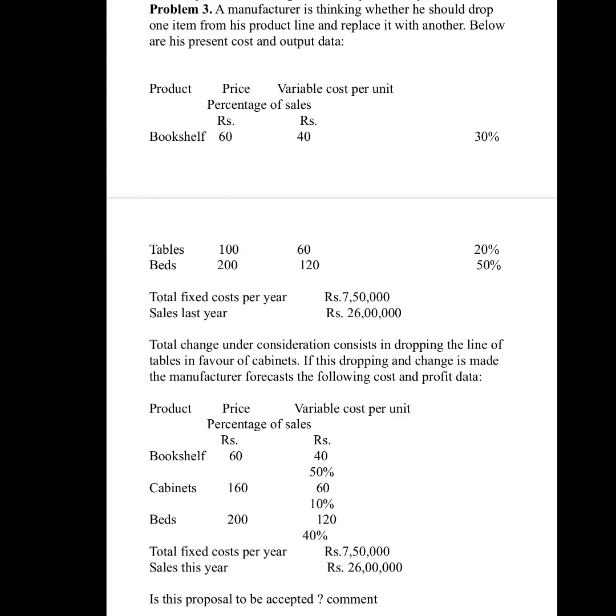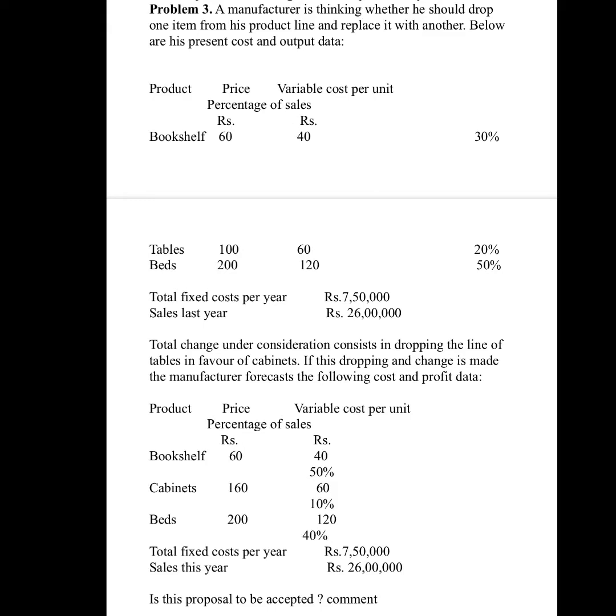Whenever you are making any decision, it should be purely based on contribution, which is sales minus variable cost. We should not consider fixed cost, because fixed cost is irrelevant for decisions. Whether I produce a product or not, fixed cost is always constant.